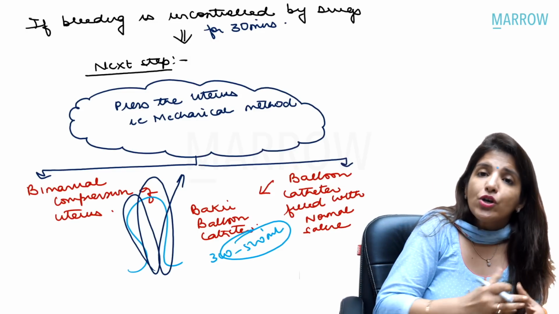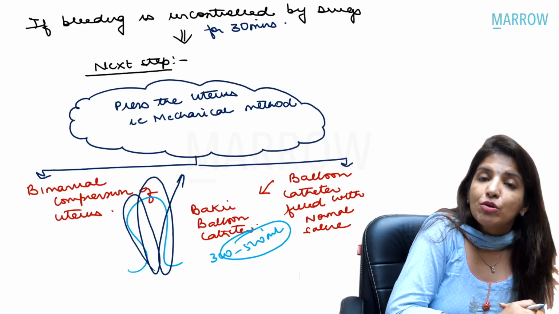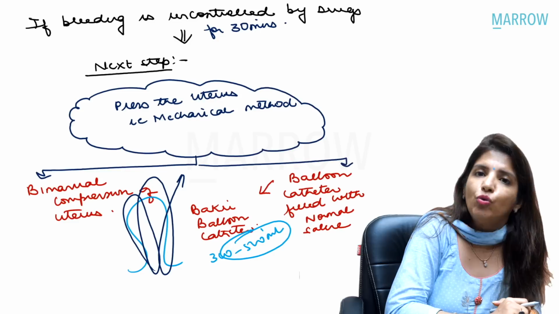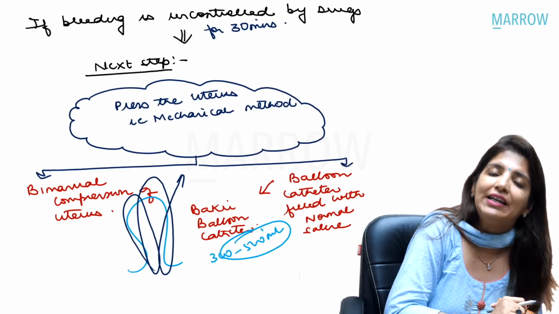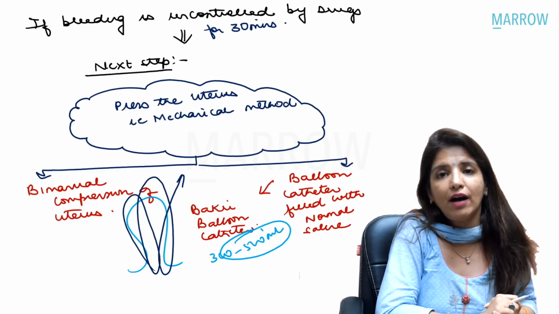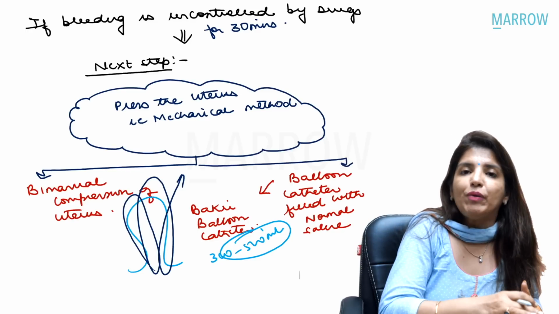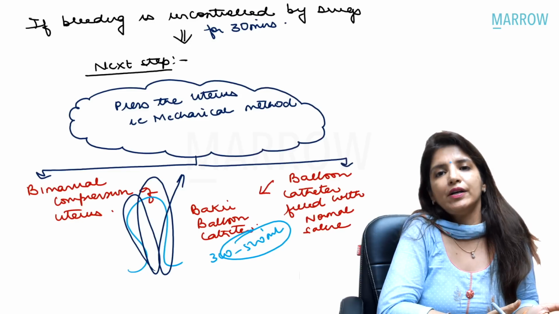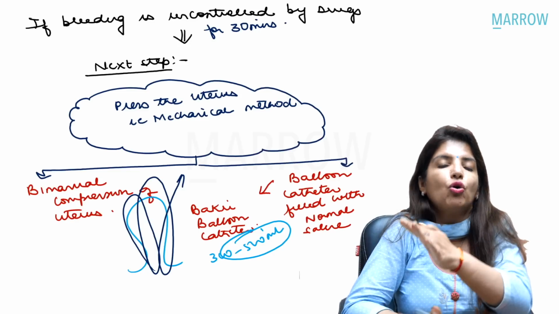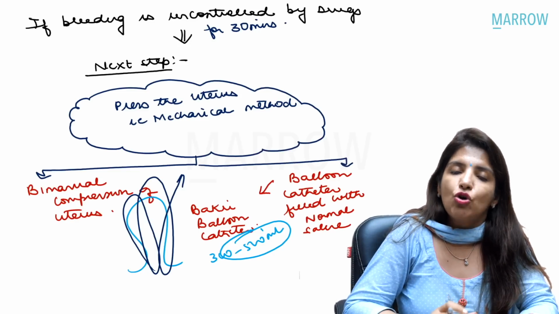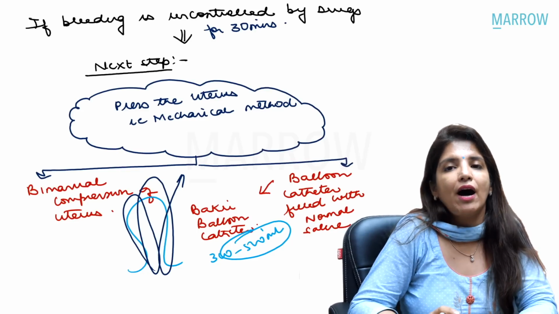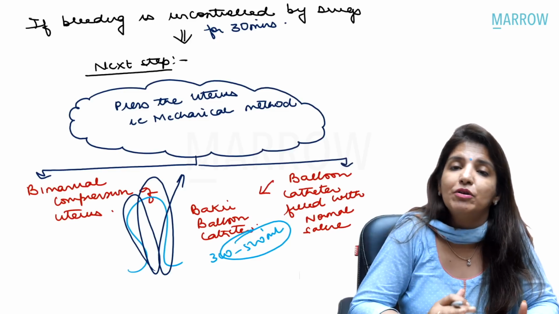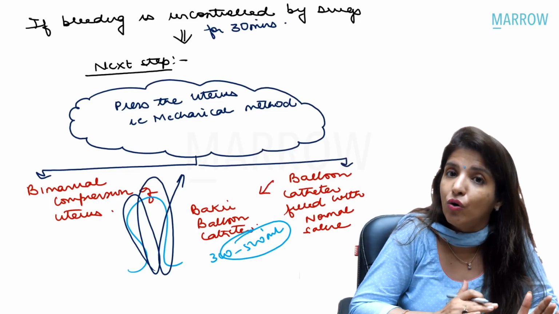Or number two, you can go for devascularization procedures, like ligation of the uterine artery, ligation of the ovarian artery, or ligation of the anterior division of the internal iliac artery, right? But still, if bleeding continues, even if the family is not complete, then ultimately we have to go for hysterectomy. So that is the protocol which you have to follow in management of PPH, and many questions are asked on management of PPH, right? So this protocol or algorithm is very, very important for all of you.